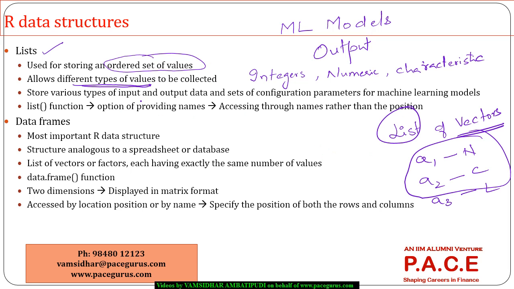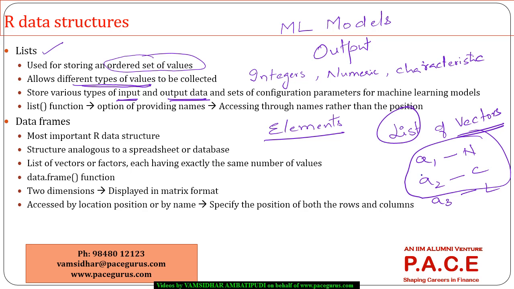So various types of input and output data are typically stored in the form of a list, and there are lots of usages because the majority of machine learning models produce the output in the form of a list itself. The reason being, there is no restriction in terms of the number of elements.